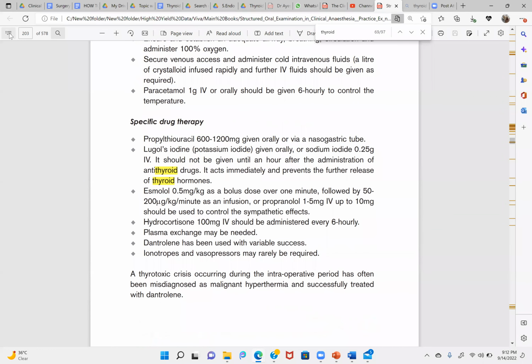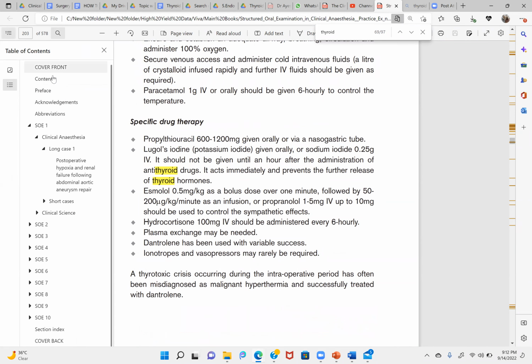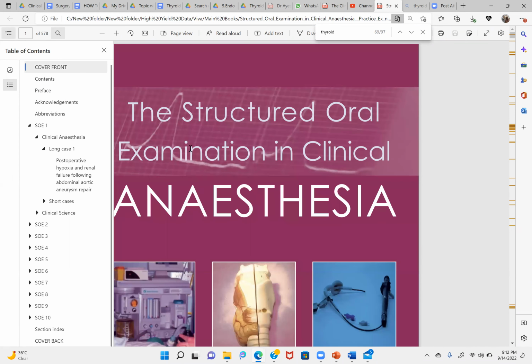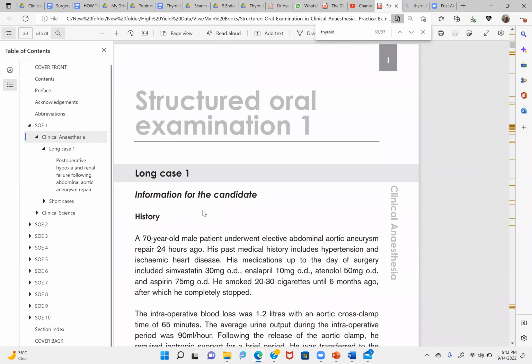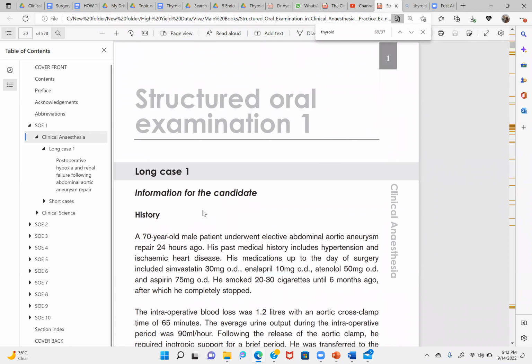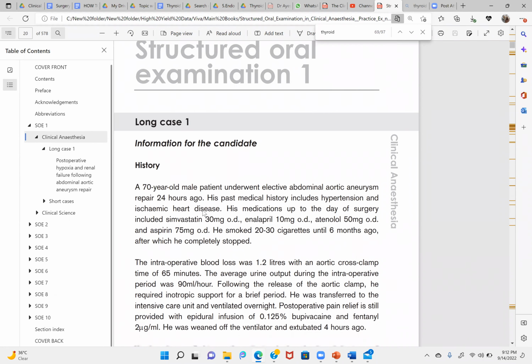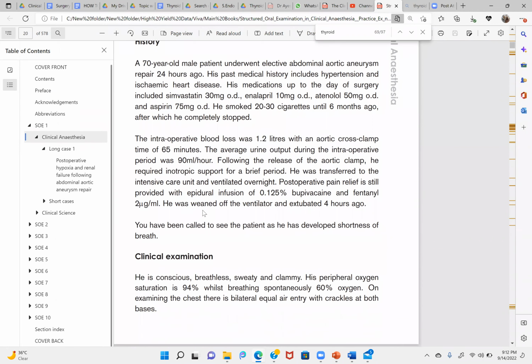I will highly suggest you people to read this. This is one of the books which is very easy to gather. It's a very nice book, and it is case oriented. People will say that I am not preparing for Viva, so why should I read it? Believe me, in one case you will learn so much.